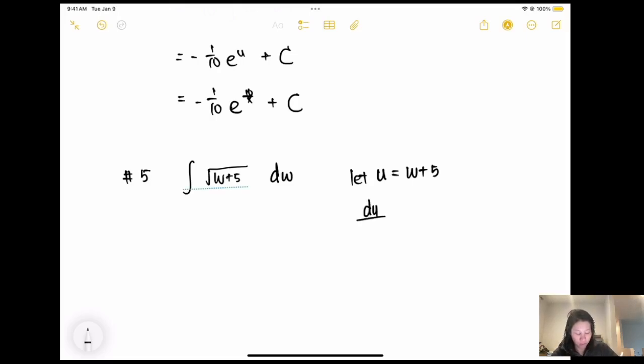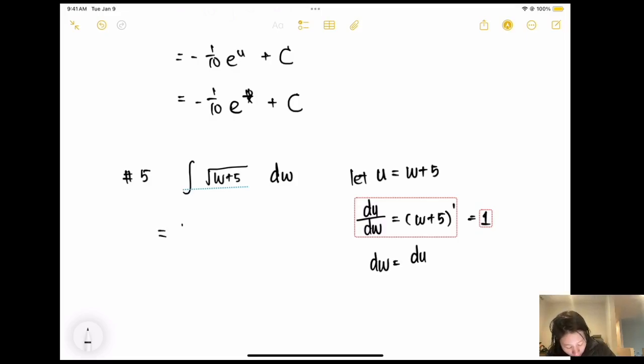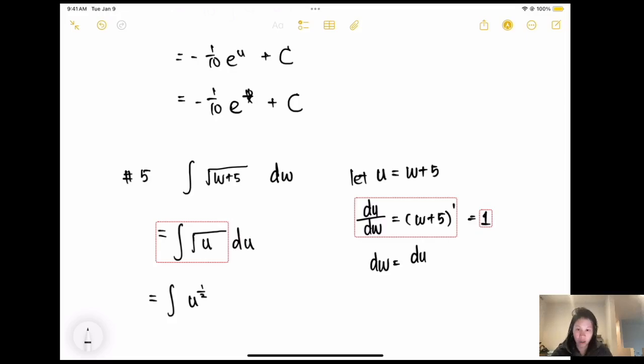So du, get the derivative, du is equal to 1 dw. Then we solve for dw, which is du over 1, which is equal to du. That one is easy. So now we substitute it in. So we have the square root of u du. So the first step is to convert it to the exponential form.